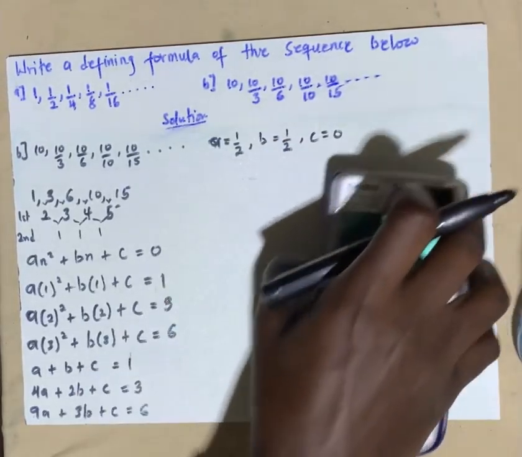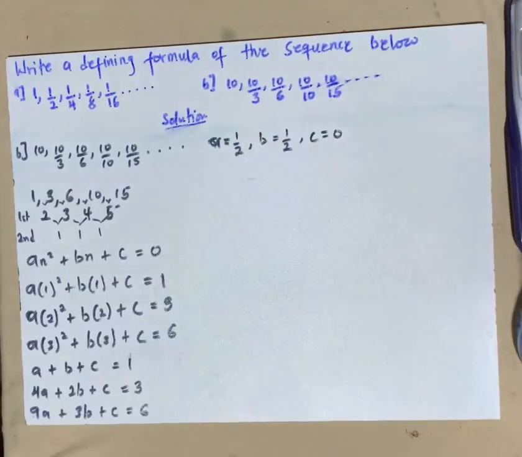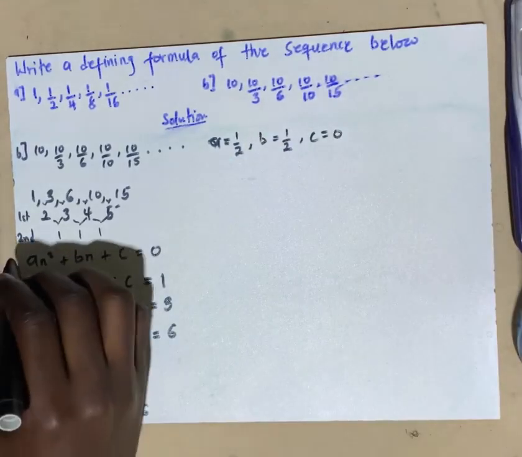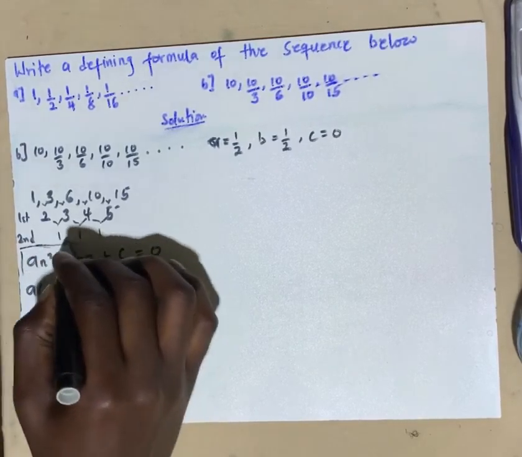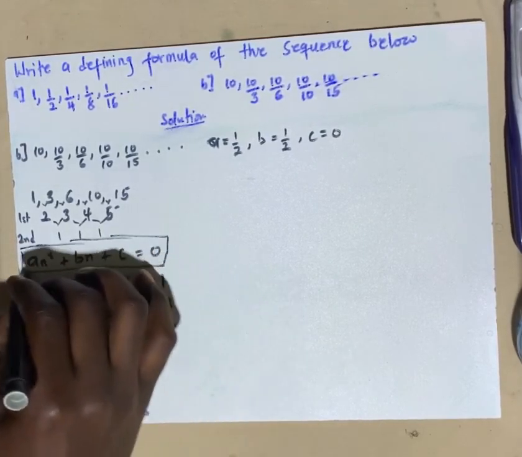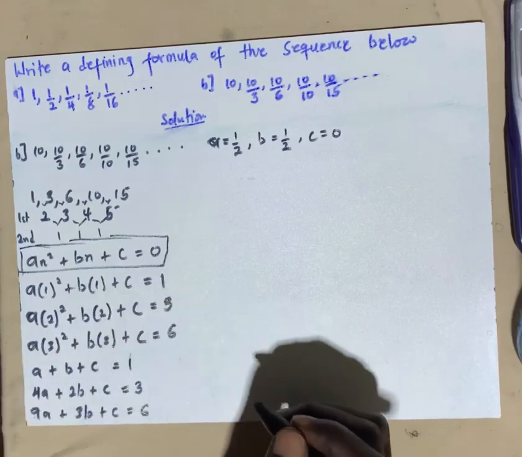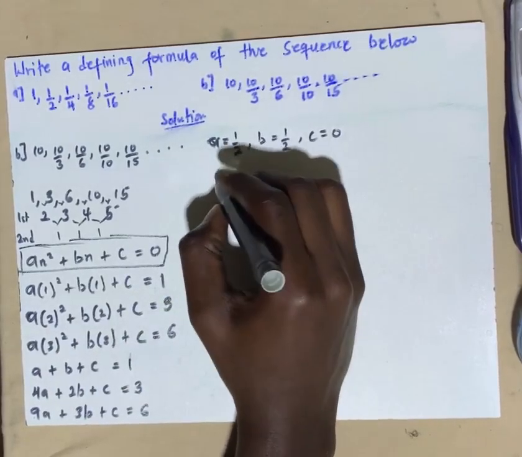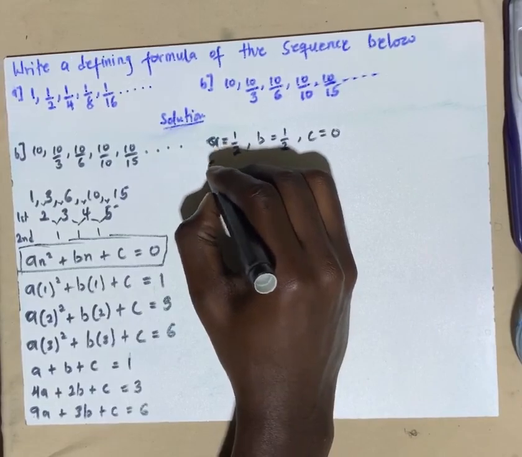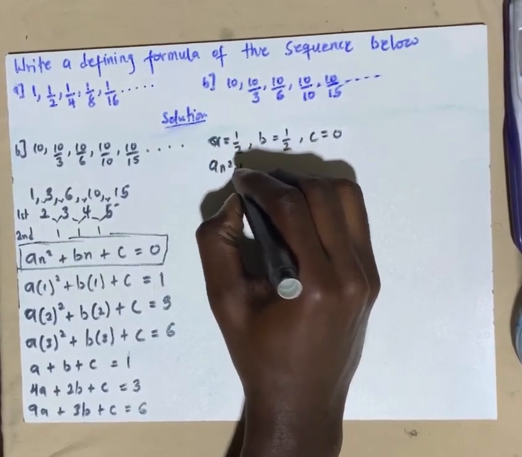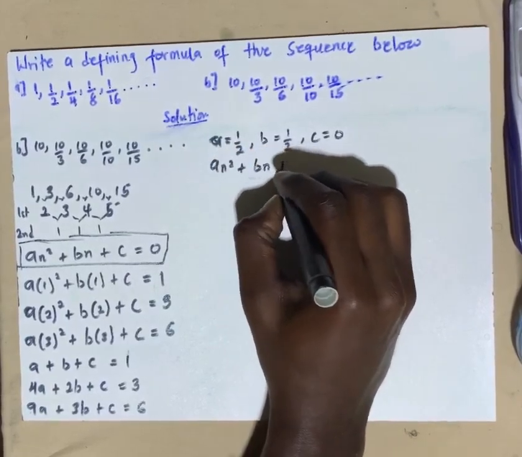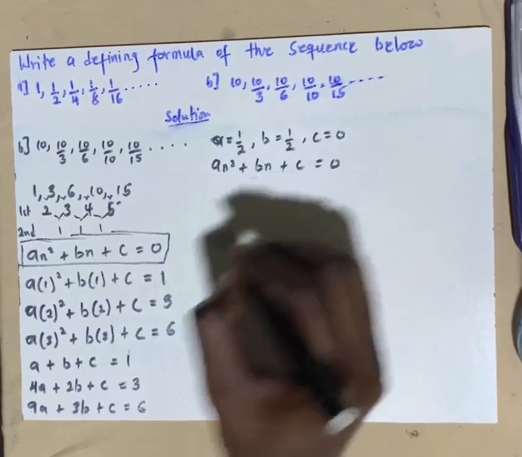So what do you do now? After calculating your A, B, and C, all you are going to do is substitute them into the actual quadratic formula. So you know that this is the formula: AN squared plus BN plus C, which is equal to 0.